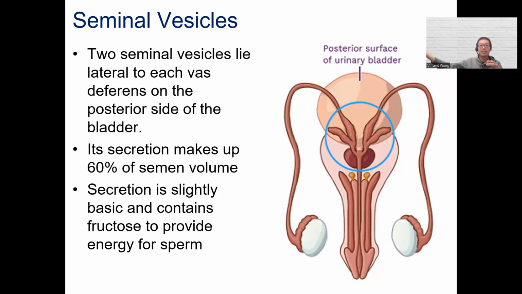So automatically 50% of them is going to be gone, and then the remaining half still have to swim up all the way to the fallopian tube to find the egg, right? And all this is happening against gravity, right? They have to go upwards, right? So it's a very energy consuming process. It requires a lot of nutrients, and that's what the fructose is for. Okay.